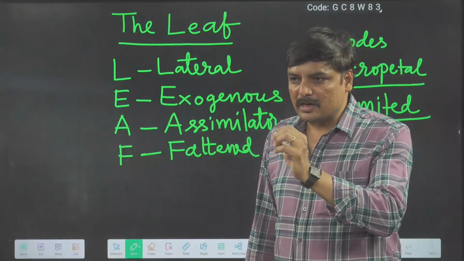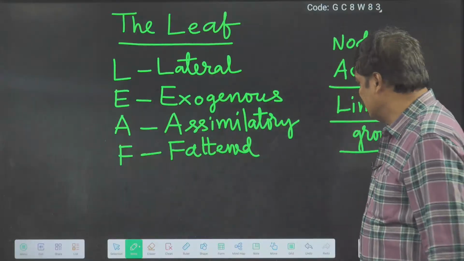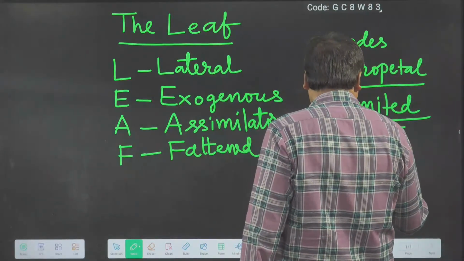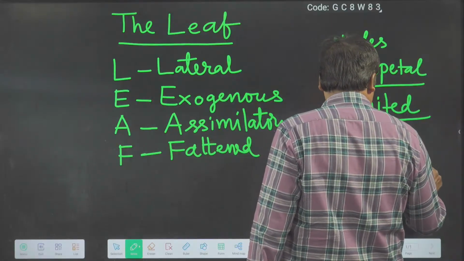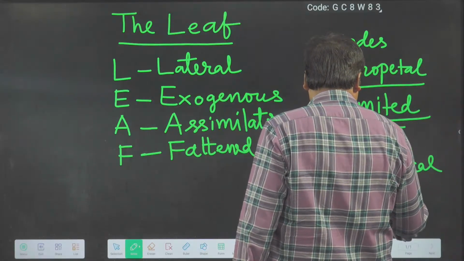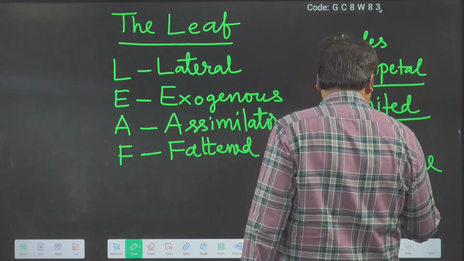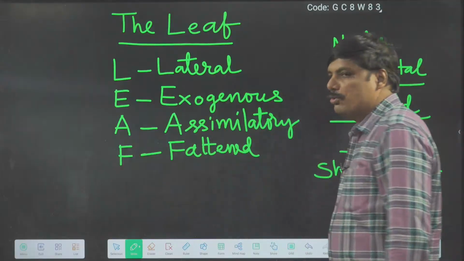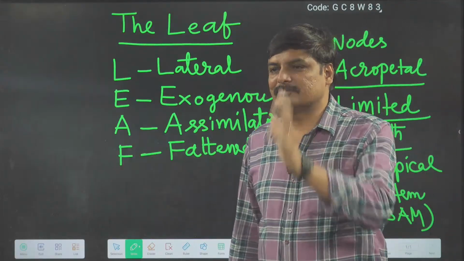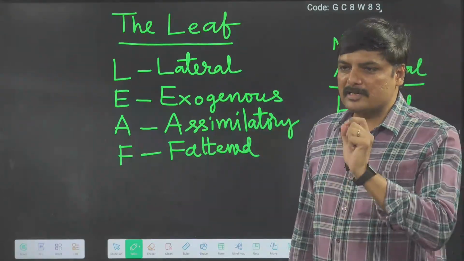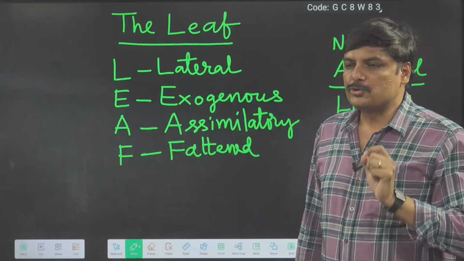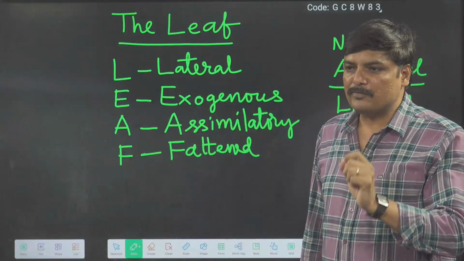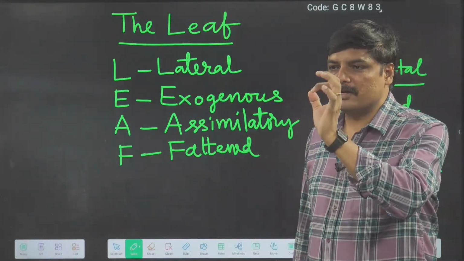Leaves are formed from the shoot apical meristem, called SAM in short. There are two apical meristems: the root apical meristem, RAM, and the shoot apical meristem, SAM.